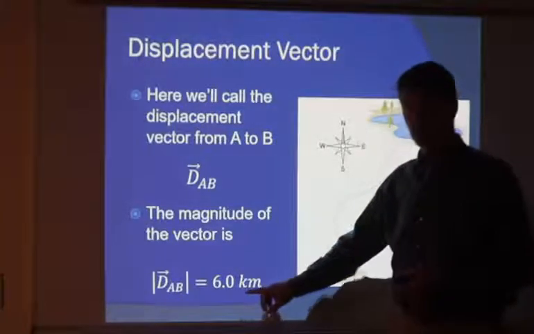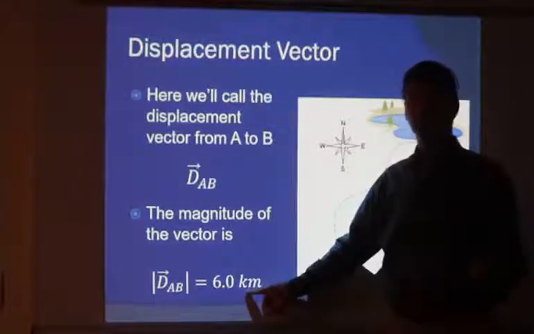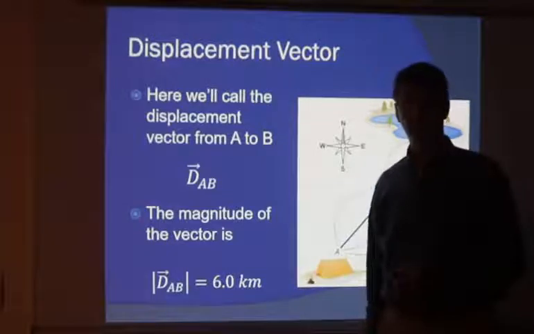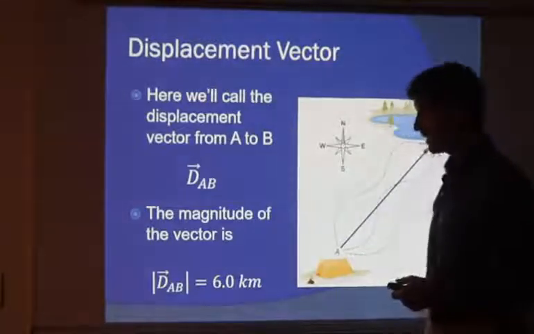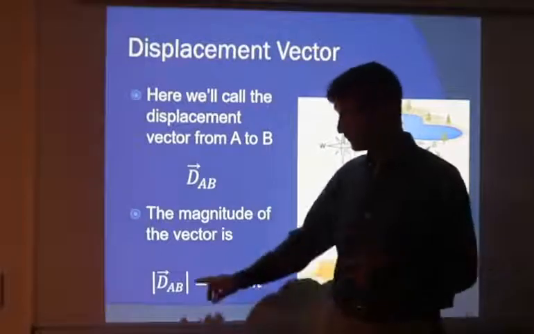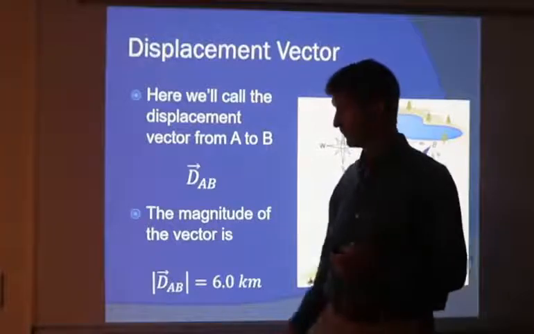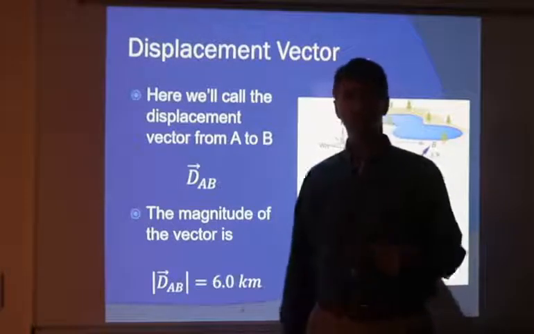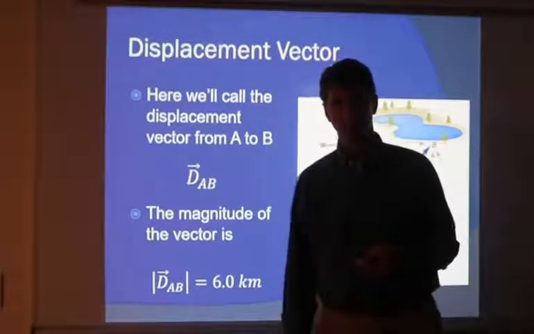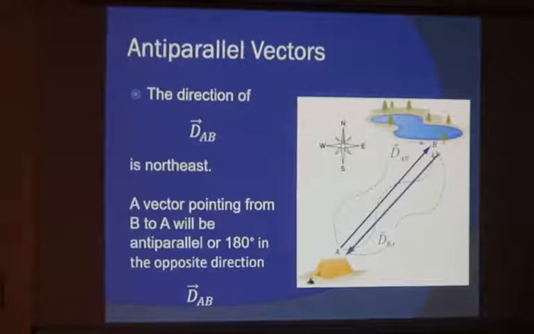In this case, we went 6 kilometers northeast; ignore the northeast, and we're just left with 6 kilometers. Just like we use absolute values to say ignore whether it's positive or negative, for the vector, the absolute value sign has a different meaning. It means just disregard what direction. Give me just the number value.